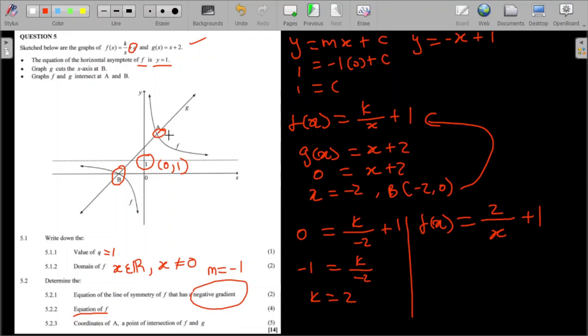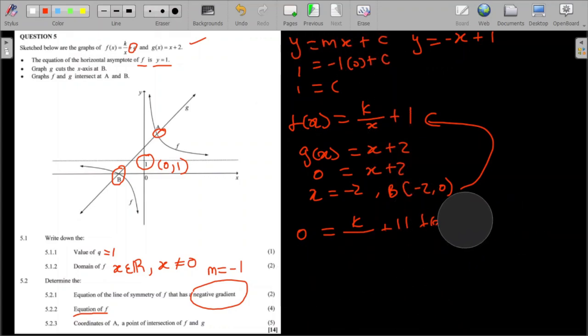Then at the point of intersection, the y of f and the y of g are going to be equal at this point. So we need to equate both of our graphs. Now let me get a space here. Probably we have written everything here.